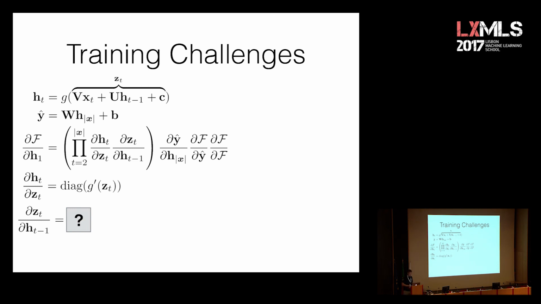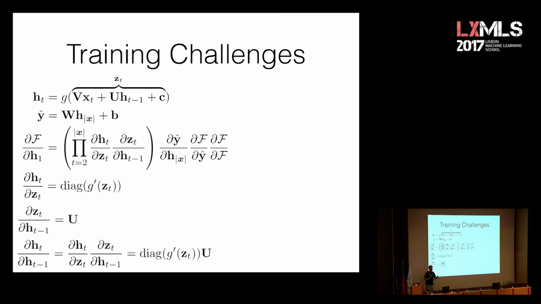So we'll write it like this. So what is the derivative? Just a quick linear algebra check, for those of you who like matrix calculus: what's the derivative of zt with respect to ht minus 1? U. Very good. You guys did the lab. Okay.